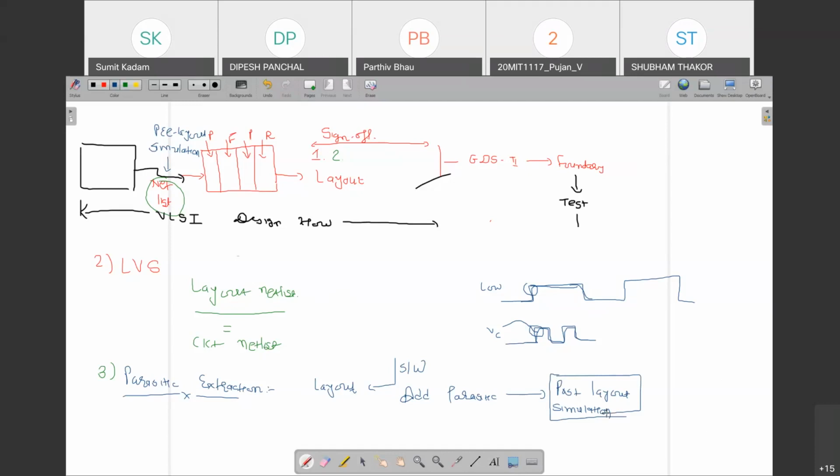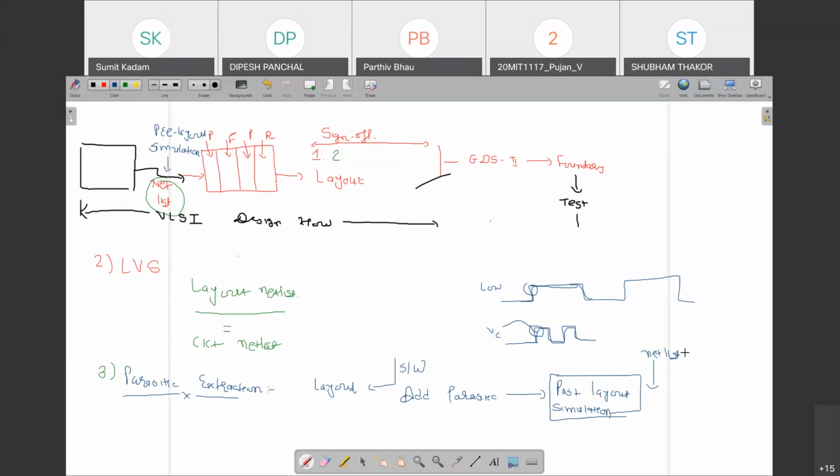At this stage also we are generating the netlist. There are multiple stages where we generate the netlist, and this one includes the parasitic in your design. So parasitic extraction is a major checkpoint where we can test the actual speed of our design.